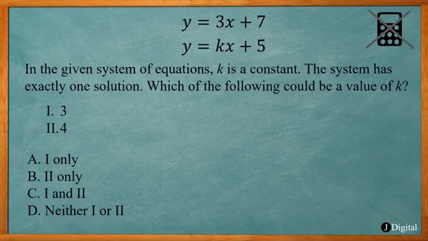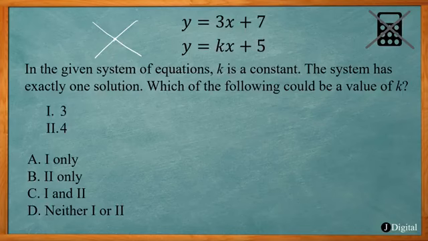So in this example SAT problem, it says in a given system of equations k is a constant. The system has exactly one solution, which of the following could be the value of k. So if we have one solution, that means they meet in one location, so they need to have different slopes.